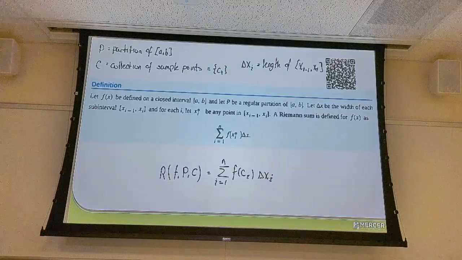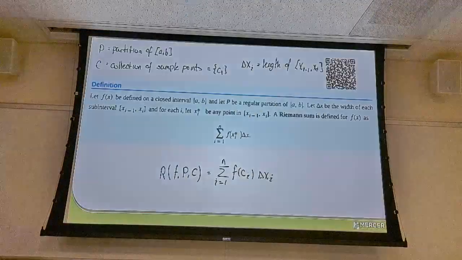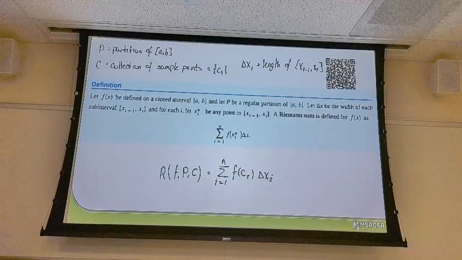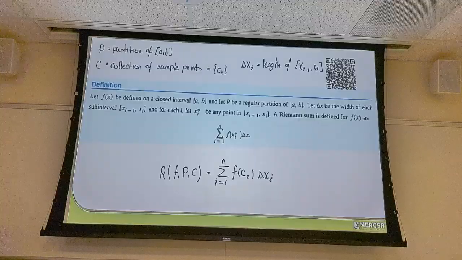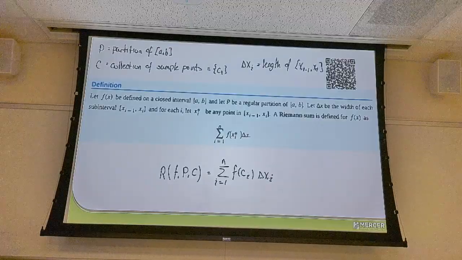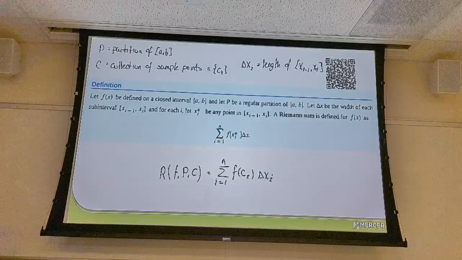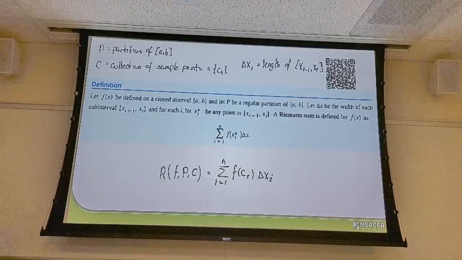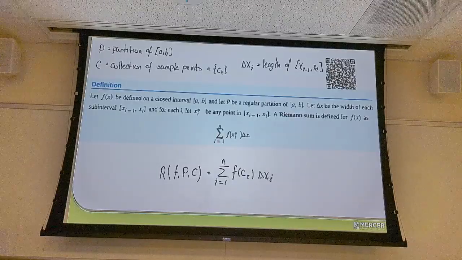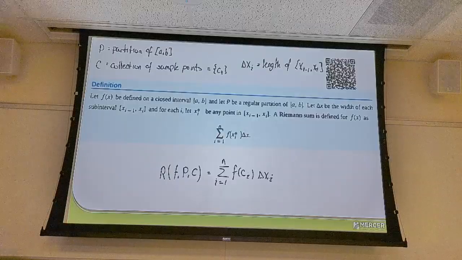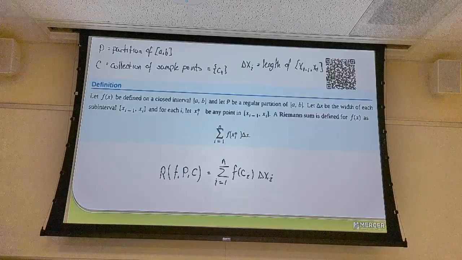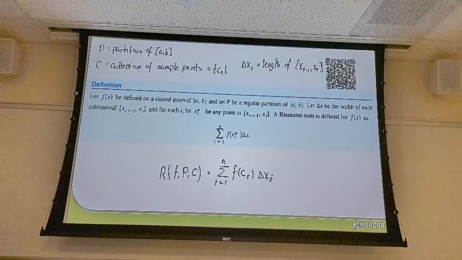Now, again, I'm going to reiterate that for this course, we will not be working with Riemann sums of irregular partitions. For the most part, they will be regular. I'm only introducing this to indicate how integration is really going to be defined.